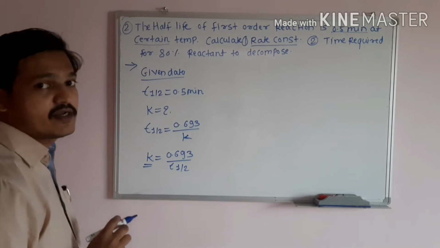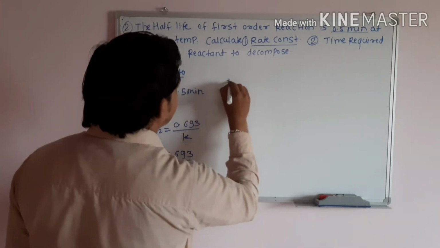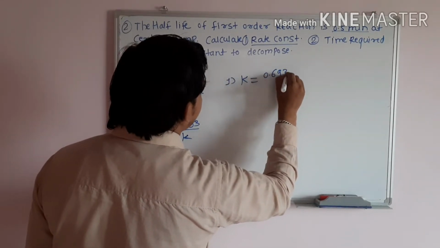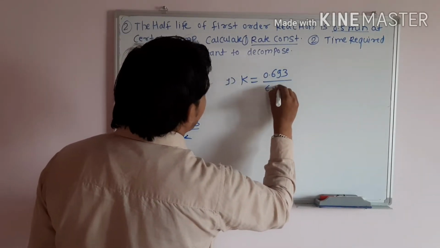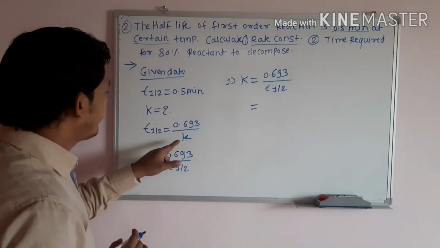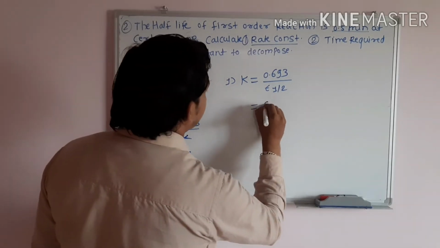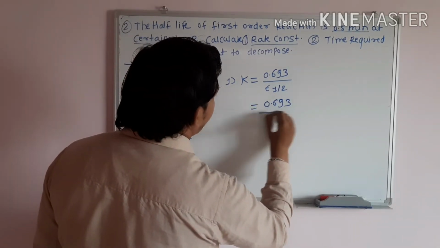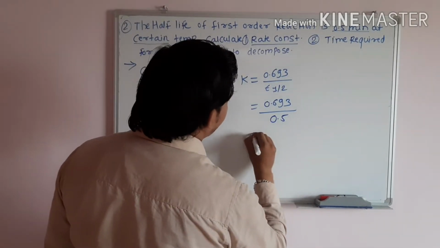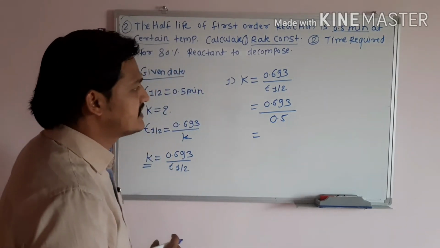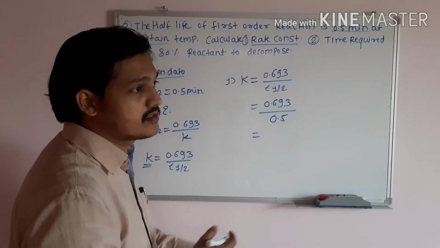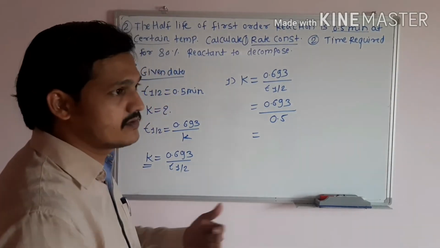Okay. Now we are solving this. So number first, rate constant K is equal to 0.693 divided by T1/2. Okay. So I am writing the values, that is 0.693 divided by the half life, 0.5 minutes. You have to solve this, because in a video lecture it is a bit impossible to look at the log table, it takes a lot of time.